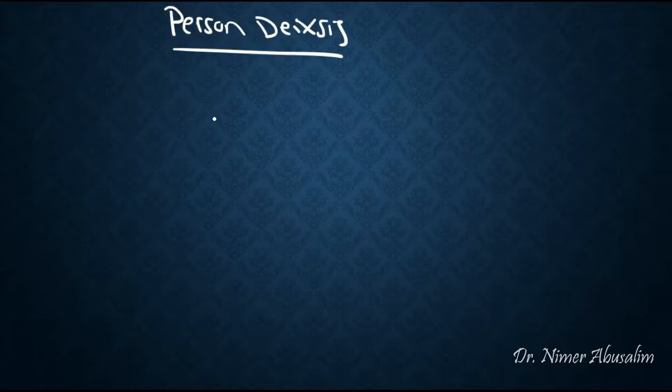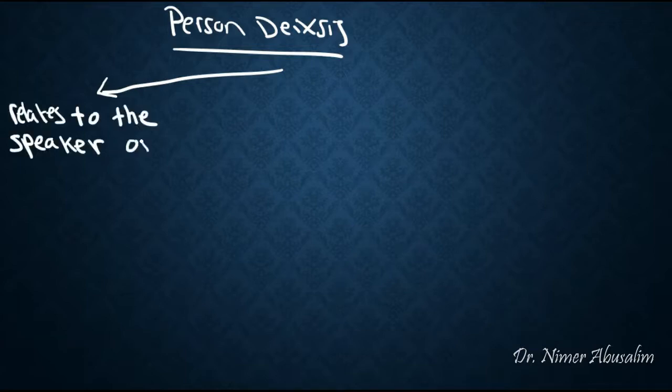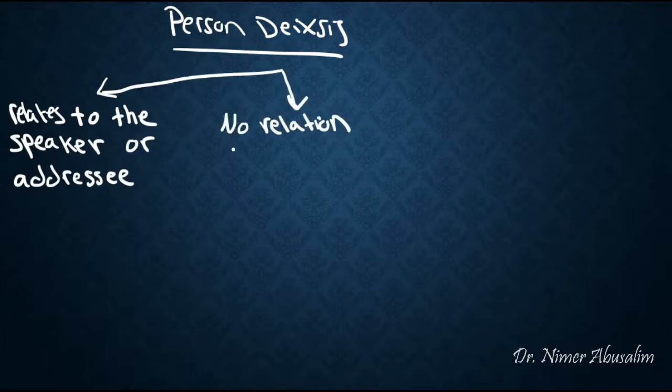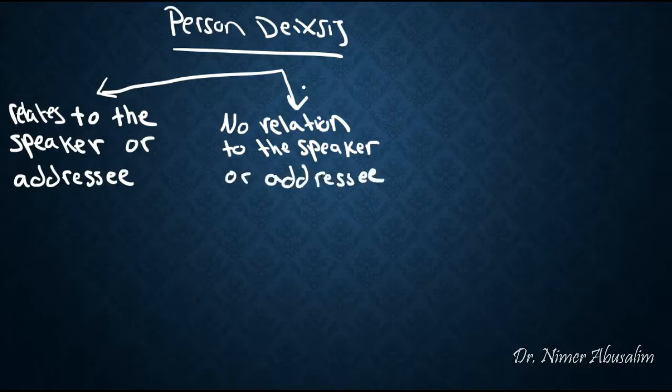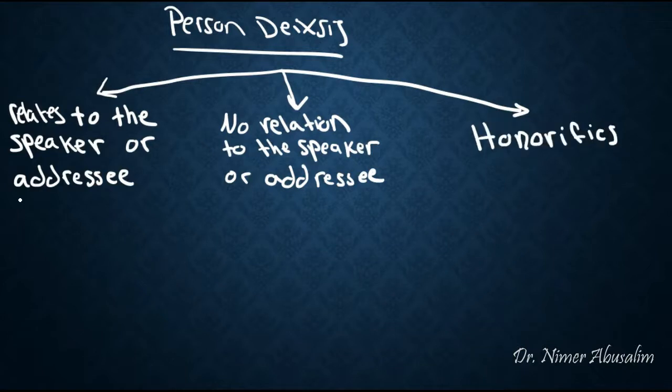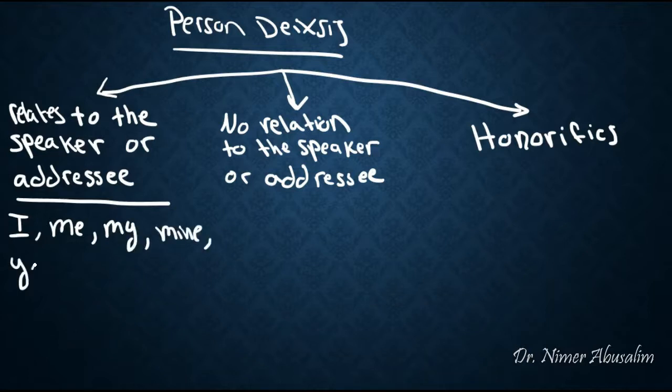So let's start with person deixis. The first kind is a kind of person deixis that relates to the speaker or the addressee. The second type has no relation to the speaker or the addressee. And the third type is what we will call honorifics. Examples of the first type are I, me, my, mine, you, yours, and your.